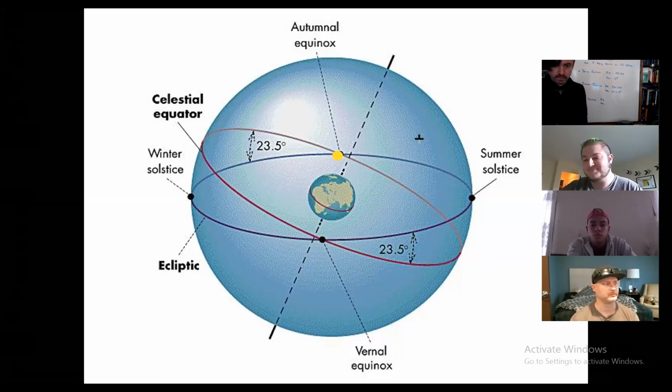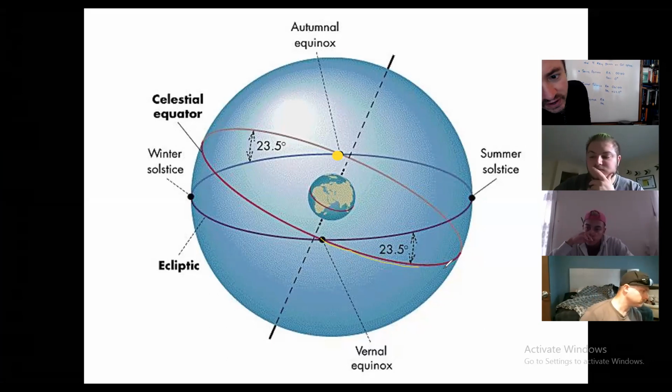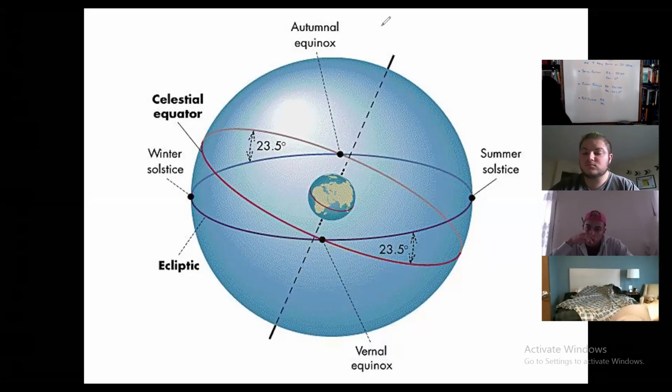Would that be 12 hours, and the declination would be 0 degrees? Nice. 12 hours because you go eastward from the spring equinox. Halfway around the globe is 12 hours. And you're on the celestial equator, so it's 0 degrees. Cool.